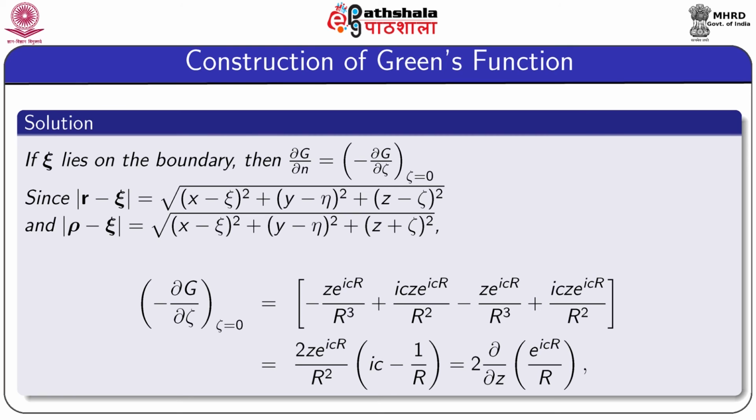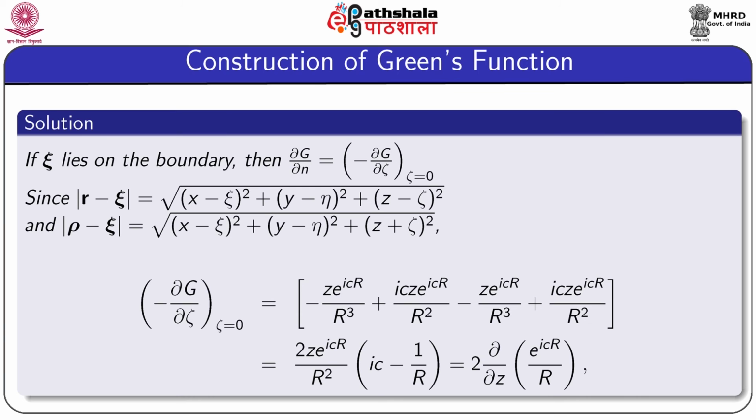It is written here, and we can also find the value of mod rho minus xi, that equals the square root of x minus xi square plus y minus eta square plus z plus zeta square, and we can obtain the value of minus del g del zeta at zeta equals 0.